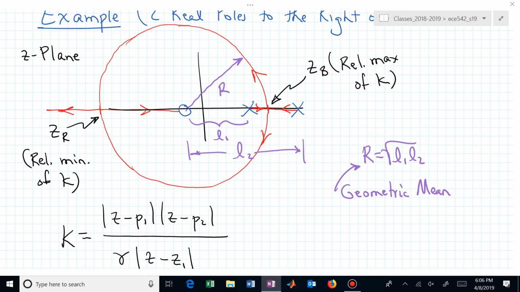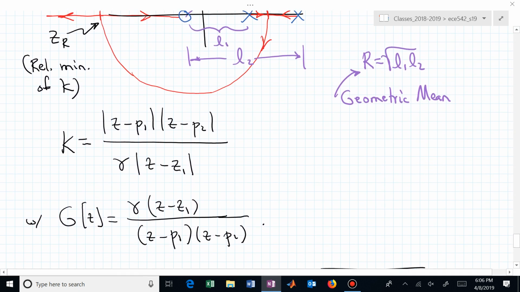So you would have to draw the unit circle, sorry if I scared you, but just a little bit. The unit circle is going to determine stability. Well, we can do that later. But that is now two real poles to the right of a zero. Gives rise to that root locus sketch.